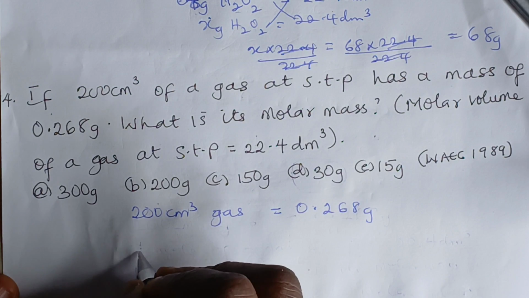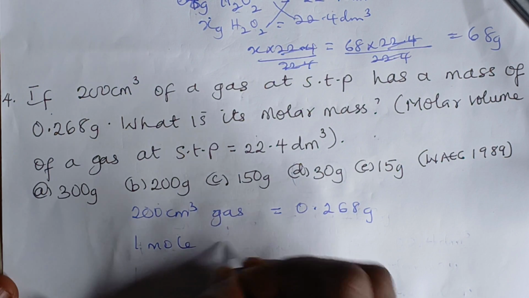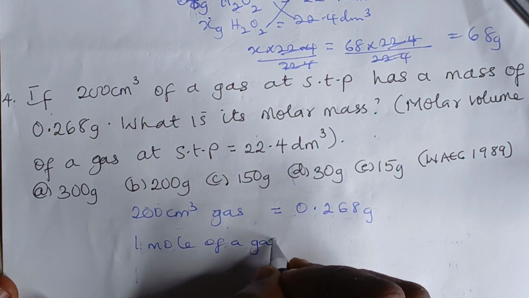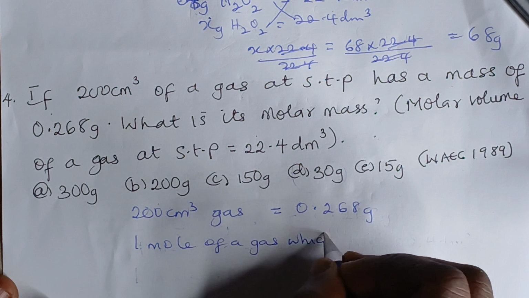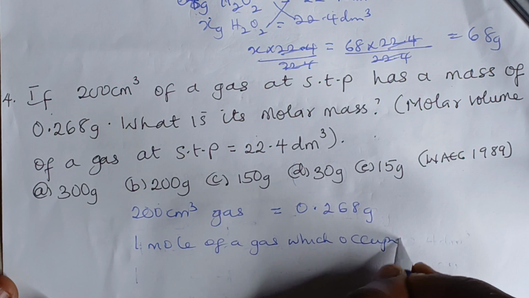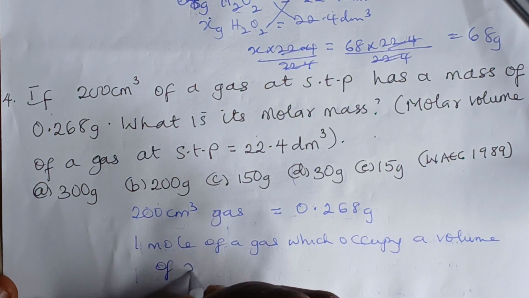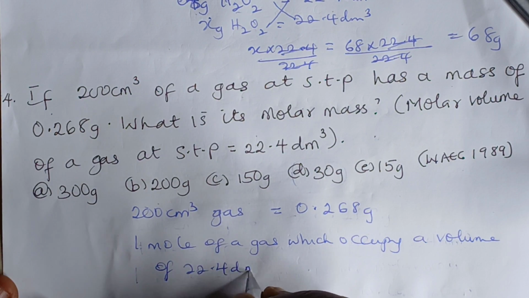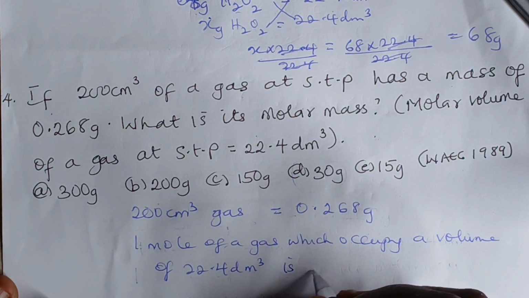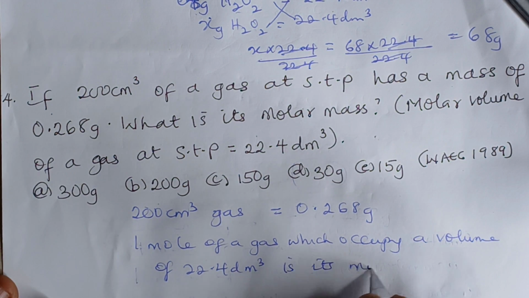So we know that 1 mole of a gas occupies a volume of 22.4 dm cube, you know, this is a standard. 1 mole of a gas occupies 22.4 dm cube, and it is its molar mass.